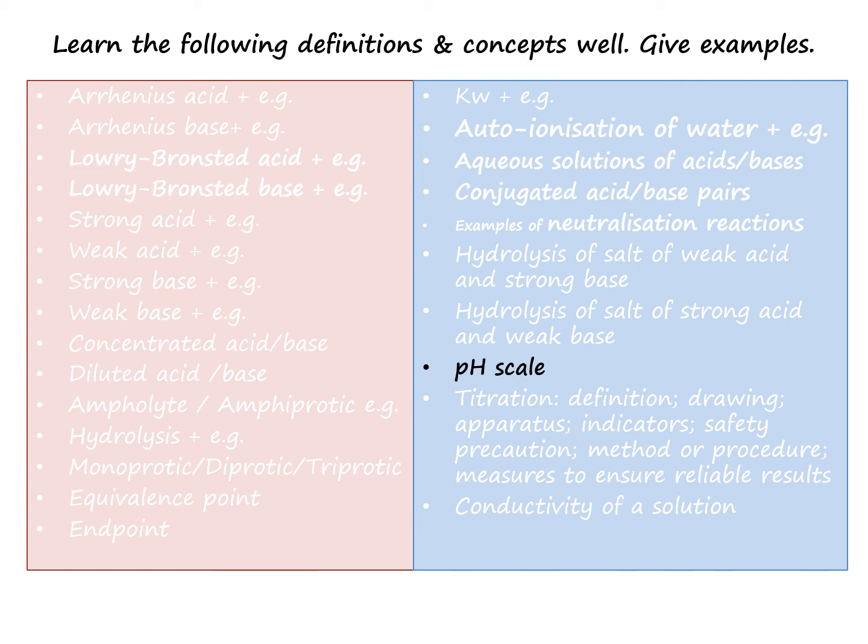Between 0 and 7 you will find acidic solutions, and between 7 and 14 you will find basic solutions, and 7 indicates that the solution is neutral. Know that the greater the number of ions in a solution, the better the conductivity of the solution.